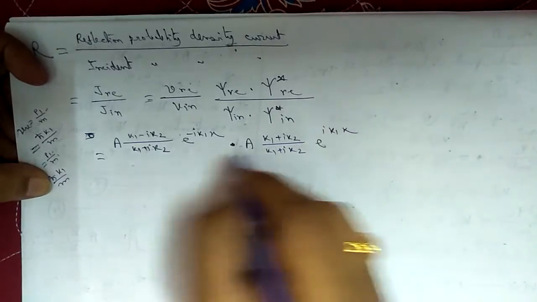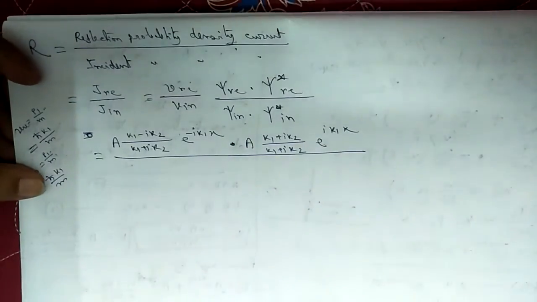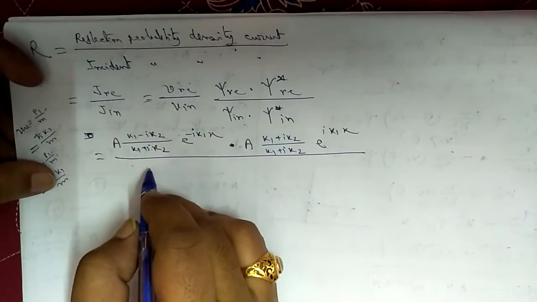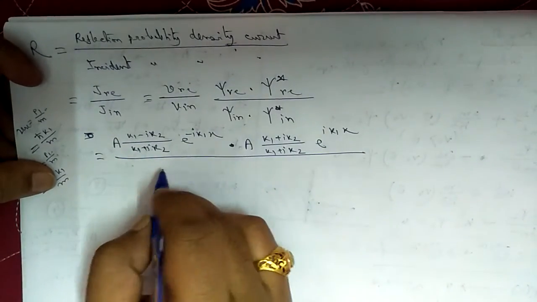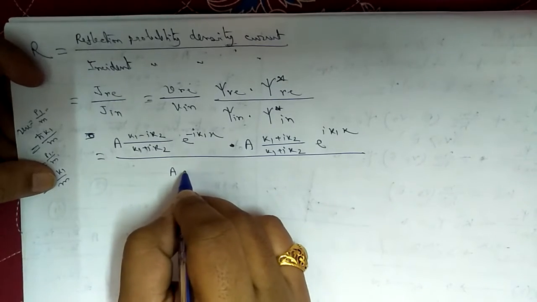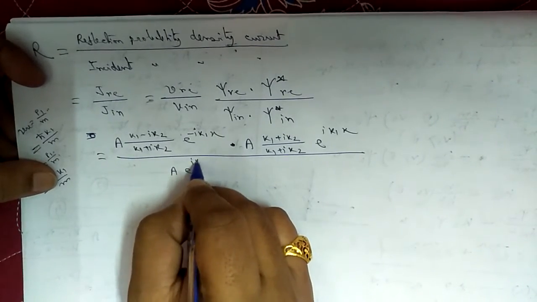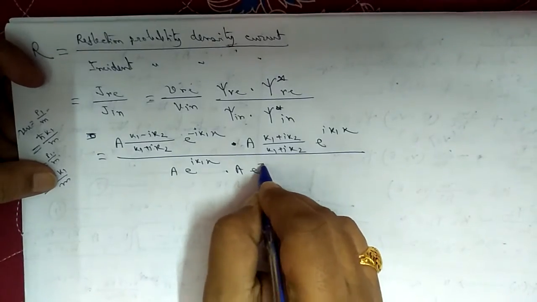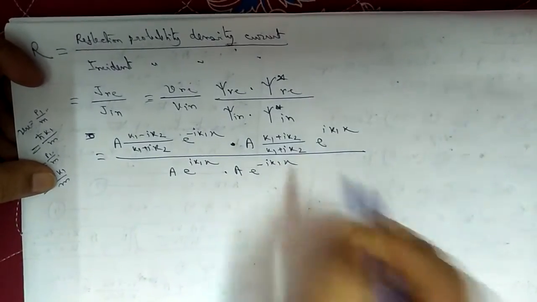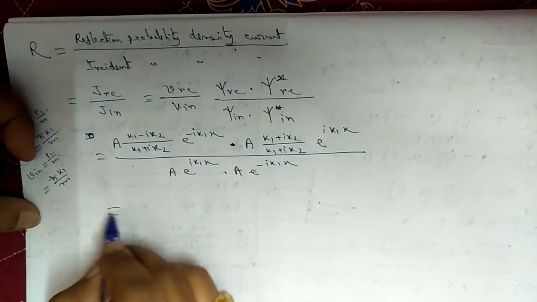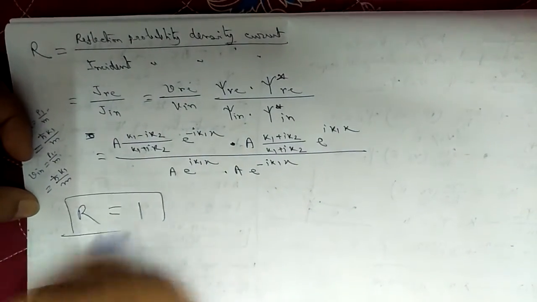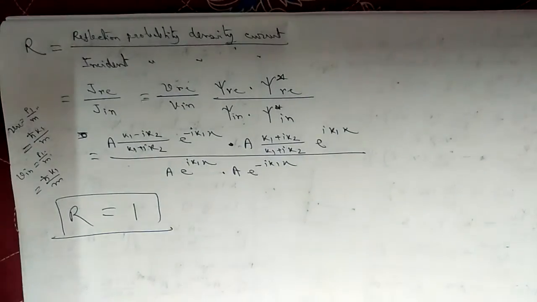That is, all the i will be multiplied by minus 1: if it is plus i, it will be converted to minus i, and vice versa. This is divided by psi in and psi in star, which are A e to the power i k1 x into A e to the power minus i k1 x. You solve it, and finally you will get R equals 1.